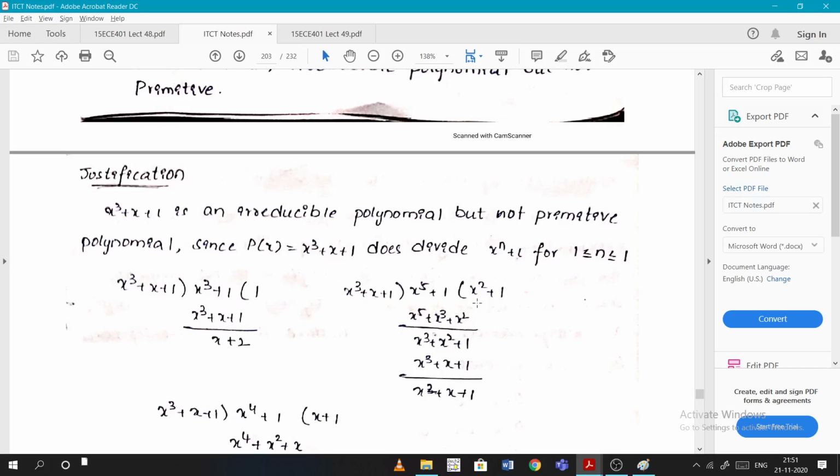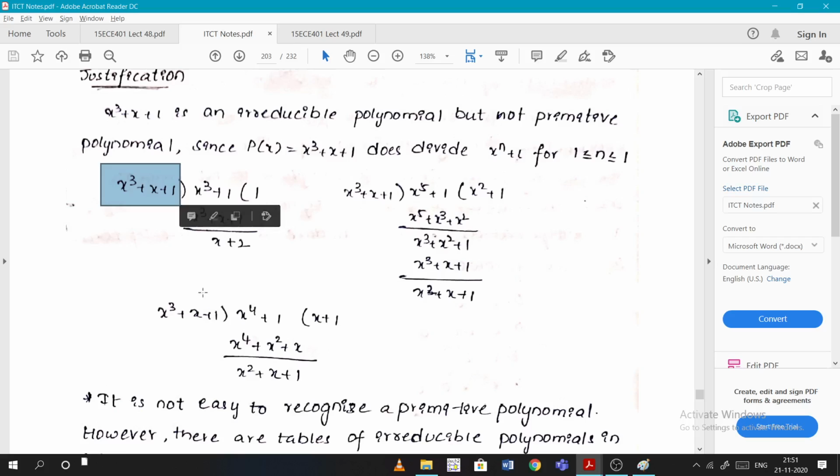Basically how we will divide: first we take x cube plus 1, divided by the given p of x, and then we have to see whether the polynomial we have considered is able to get divided by this.